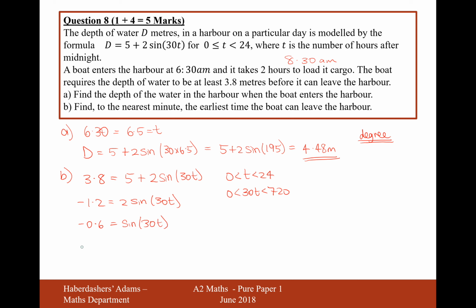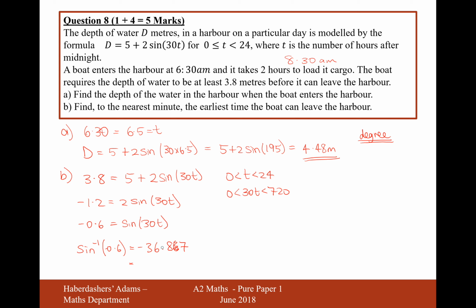Now in degrees mode I need to do sine inverse of minus 0.6, and I get minus 36.8687. Let's work out what the next solution would be from there. This is a minus value, and we can't have minus values.